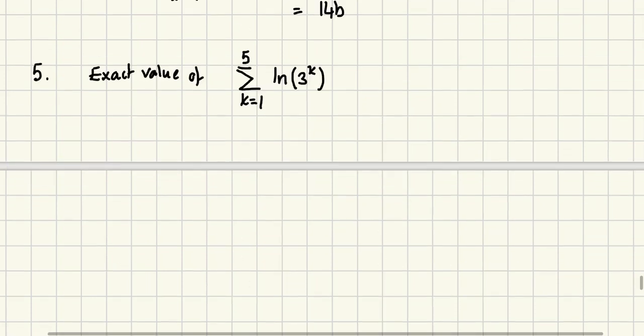So how does this work? We're going to have the natural log of 3, plus 2 times the natural log of 3 squared, plus the natural log of 3 cubed. Should we leave it as 3 squared?